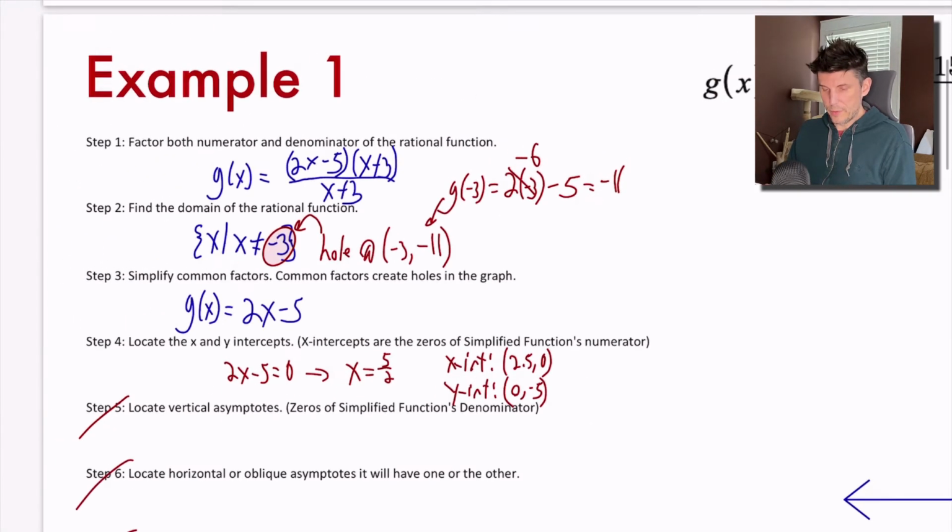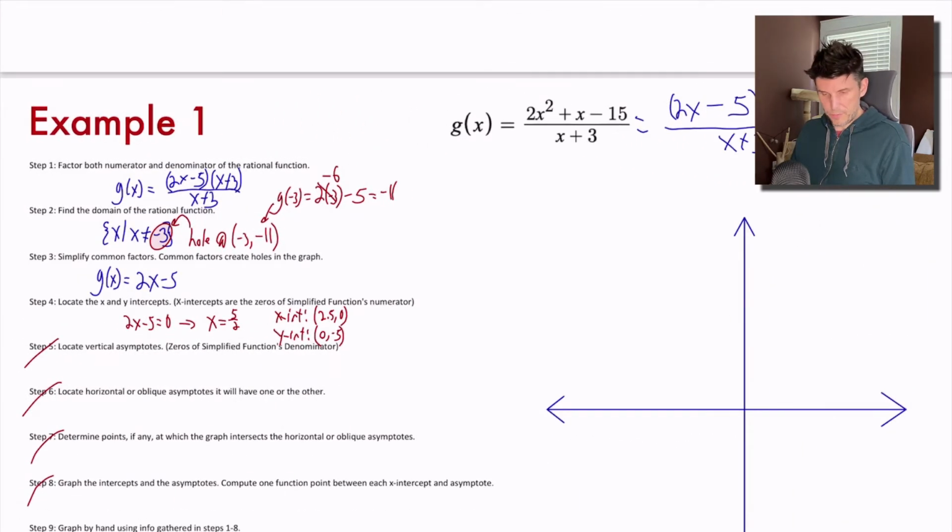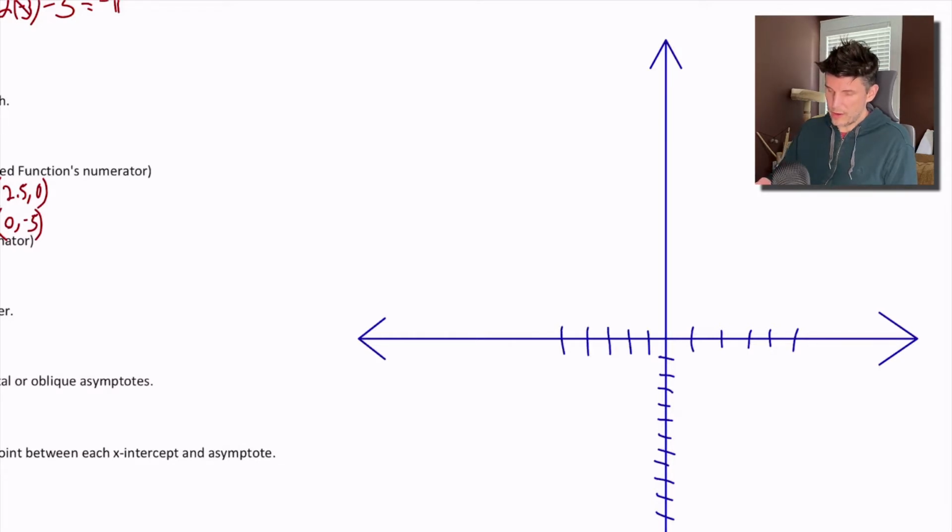Wonderful. So what I'm going to do is I just have these fairly generic axes over here. Let's just go 1, 2, 3, 4, 5, 1, 2, 3, 4, 5, 6, 7, 8, 9, 10, 11, 1, 2, 3, 4, 5, 6, 7, 8. Okay.